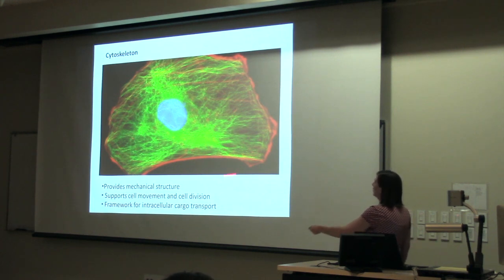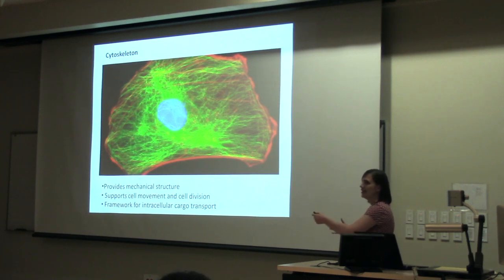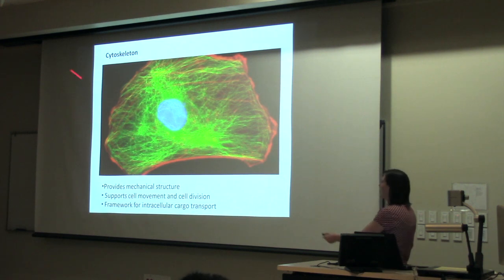This framework of polymers, unlike our skeleton, can rearrange very rapidly. As it rearranges its structure, that is what allows the cell to change shape rapidly and do things like divide or turn corners. So we need a dynamic cytoskeleton in order for the cell to move and change its shape.